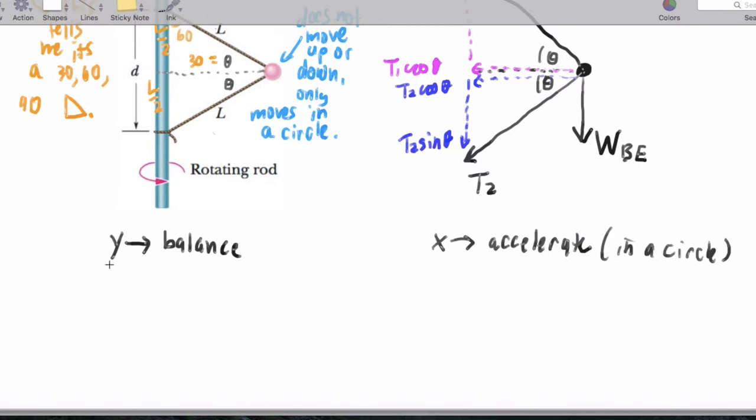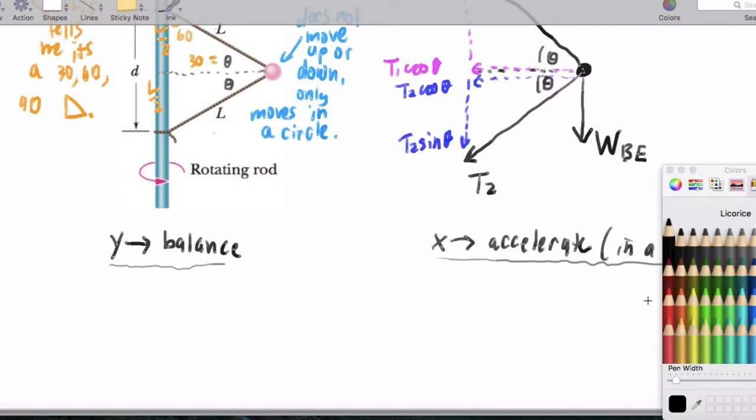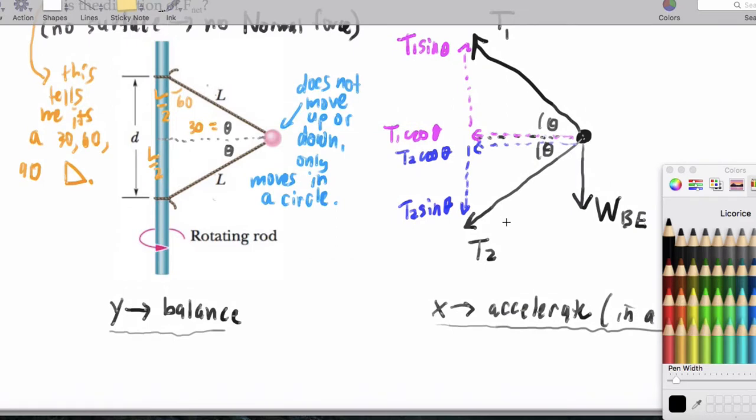Now, these aren't fraction signs. This is just me making little columns here in order to solve the problem. So vertically, I'm going to actually read the forces as they're written here. So I have this arrow and this arrow and this arrow. Arrows 1, 2, and 3.